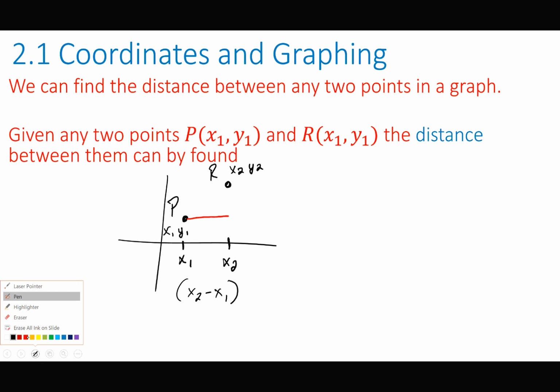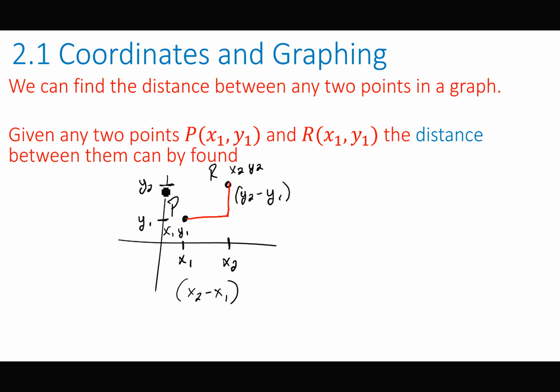Then for the vertical height, I'm going to take y sub 2 minus y sub 1, because this is here at y sub 1 and this is here at y sub 2. That's going to give me this distance here. I'll say d is what I want to find for distance.